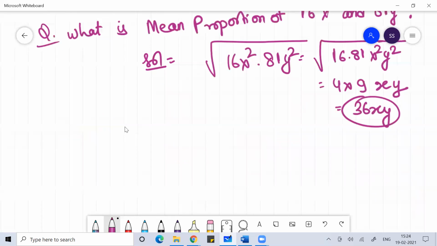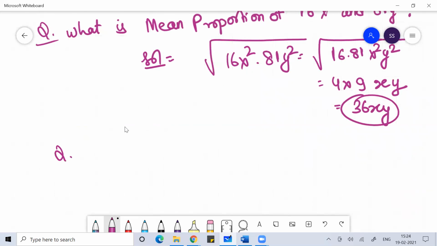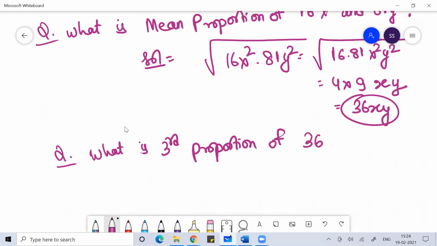Okay, then going further, if I ask you the third proportion, what is the third proportion of, suppose, 36x square and 81y square, something like this.